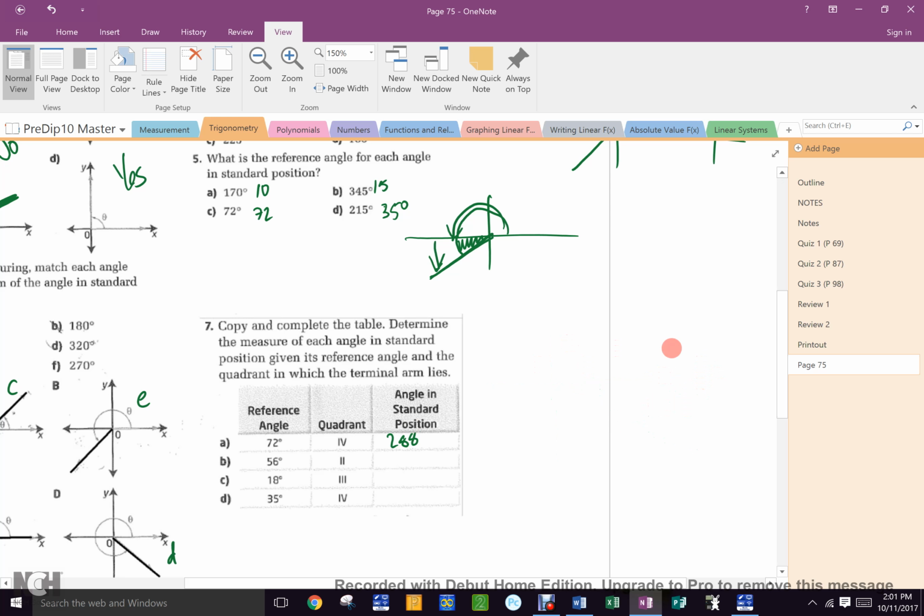If the reference angle is 56, but the quadrant is 2, this is 56, yes? So what's the angle? 124.